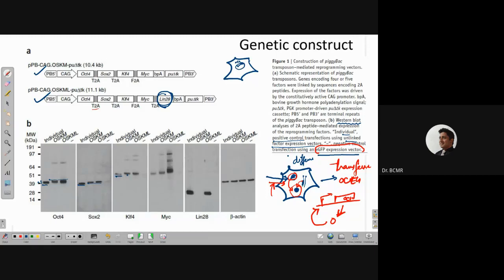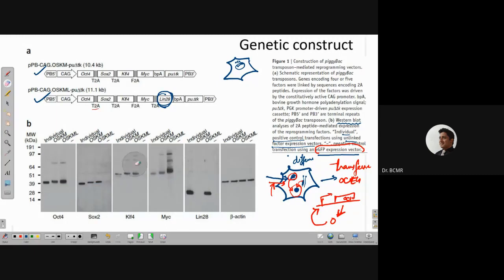The same is the case here too. Here these two are kind of the same, but this one seems to be a little higher in CMYC. And in here, there is no issue. In Lin28, they both are almost the same. Why is that? That is another important question.